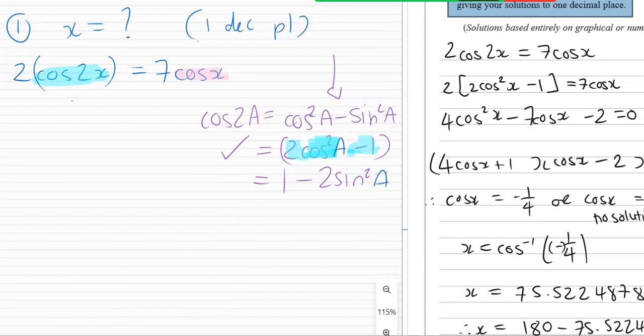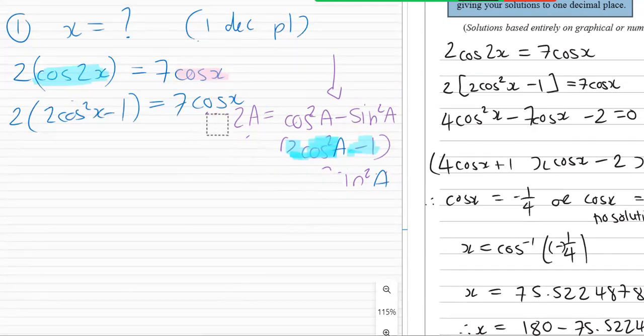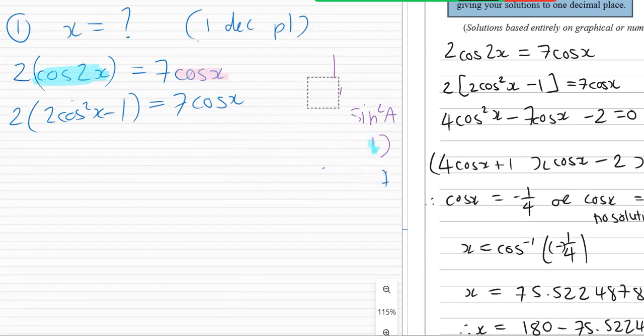So we can just replace it. So this is 2 cos squared x. In my working, it's an x. It doesn't matter what the variable is. And we've picked one of our cos double angle identities.